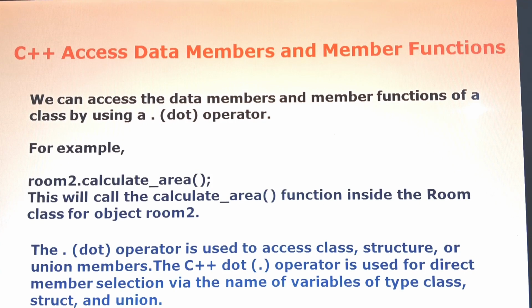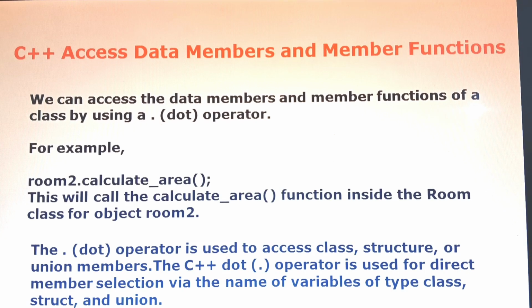Directly we cannot access the class members. You have to use the dot operator. First the object name, then the dot operator, then the name of the function; or object name, dot operator, the name of the variable. That's how we can access the data members and member functions of a class.